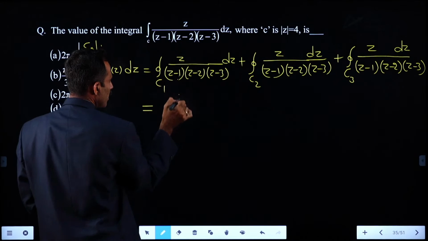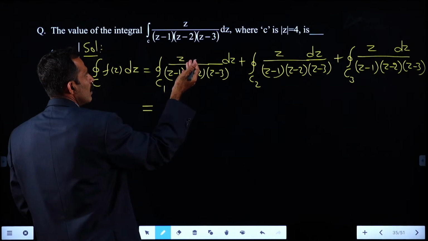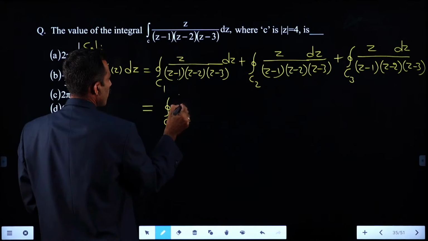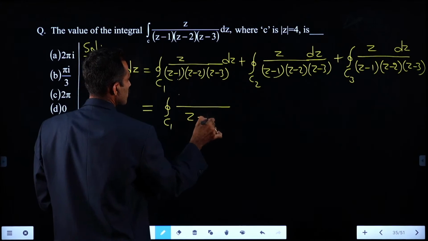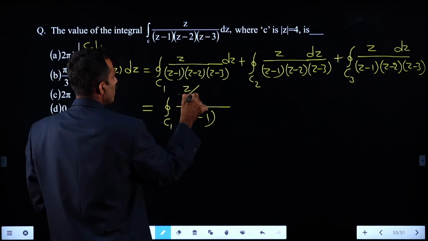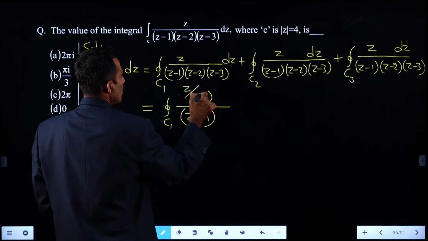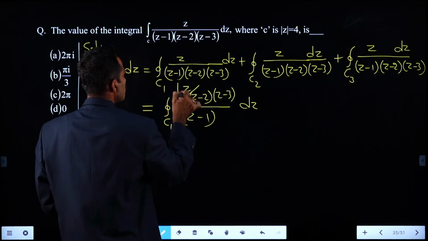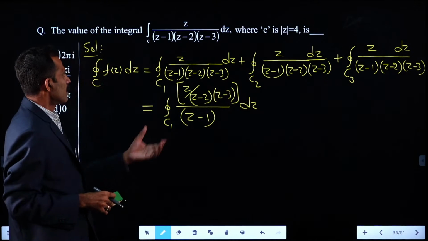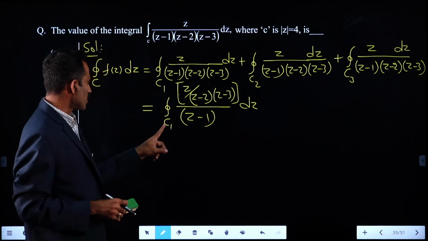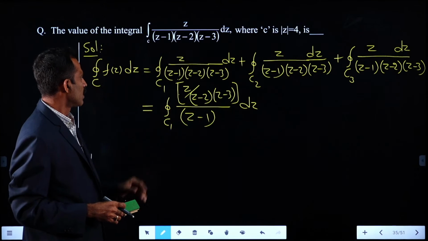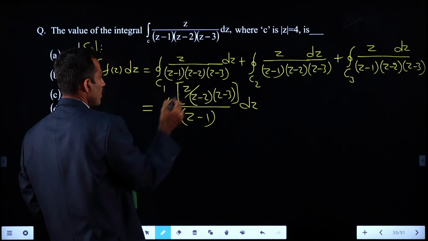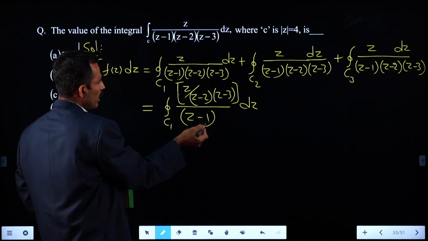Keep this factor in the denominator and take the remaining as the numerator function. Integral over C1 of z by (z minus 2)(z minus 3) over (z minus 1) dz, like this: phi of z by z minus z naught. C1 is a circle with center at 1, and it does not contain 2 and 3. So it is analytic at every point inside and on C1, and the point 1 is inside the region.